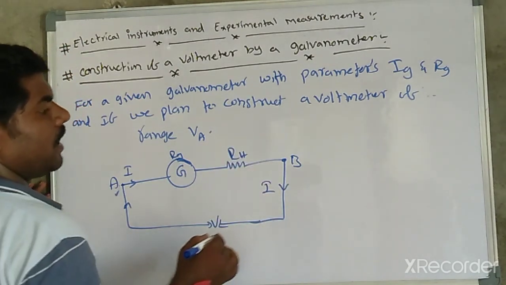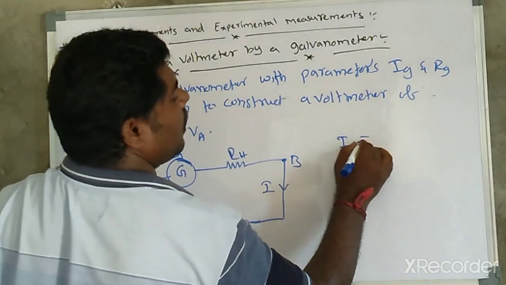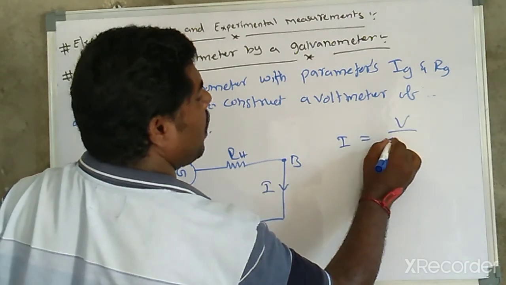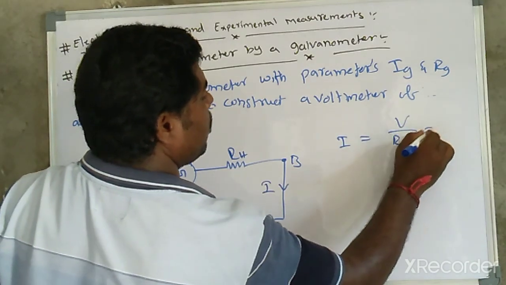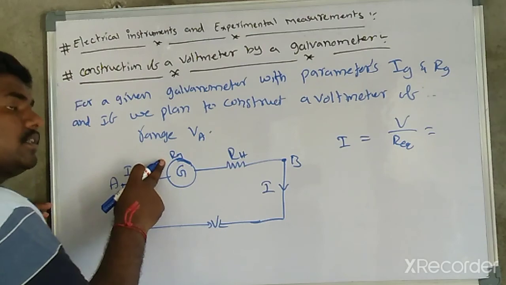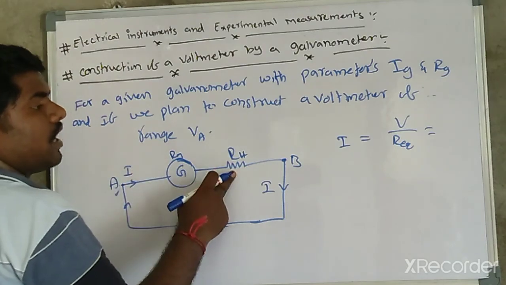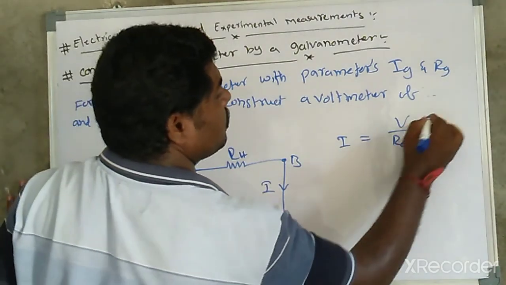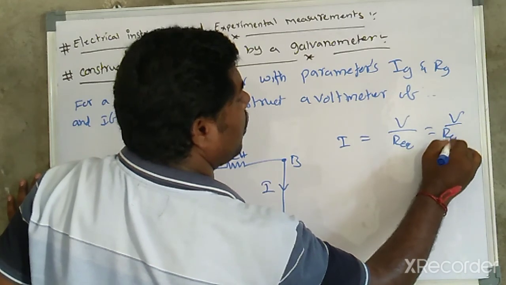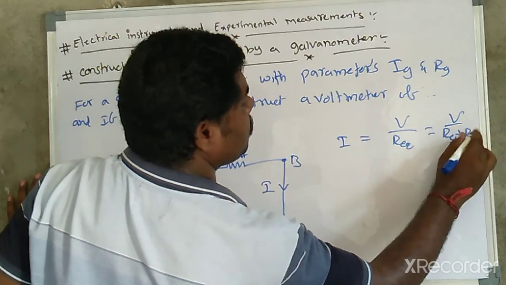Generally, I is equal to potential divided by R equivalent. R equivalent is nothing but the internal resistance of the galvanometer and this RH value in series combination. That's why I = V divided by (Rg + RH).